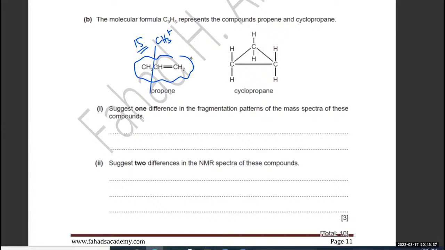The molecule could break at this point, and it can form a CH3+ fragment. This one over here can never form a CH3+ fragment. So no detection of fragments at 15. Is that clear? Like if I break this piece, that's 14.